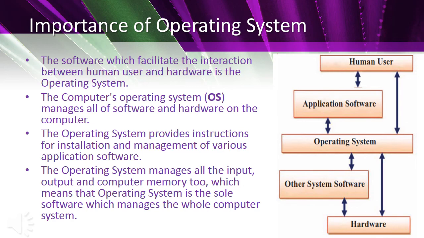The operating system provides instructions for installation and management of various application software. Not only that, the operating system manages all the inputs, outputs, and computer memory too, which means that the operating system is the sole software which manages the whole computer system. Thank you.